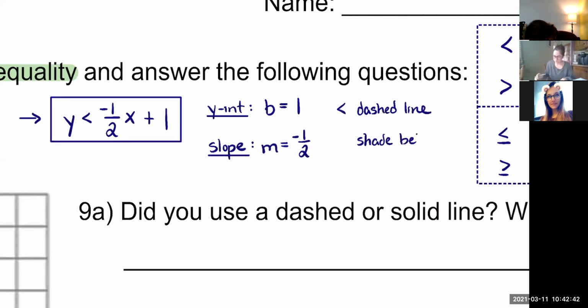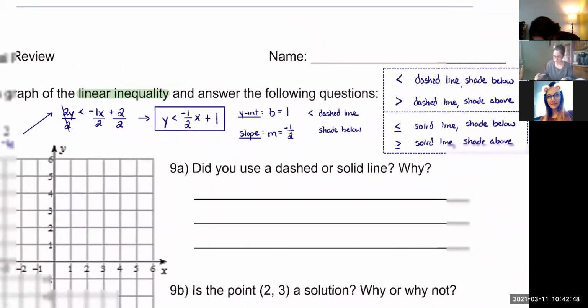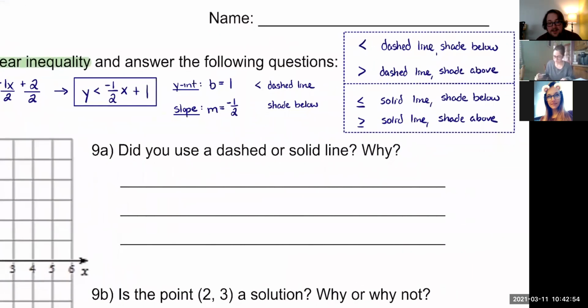What question are we on? Number 9. So even before I start graphing, if I look at 9A here, I have enough information to answer. It says, did you use a dashed or solid line? Well, according to the notes I just jotted down, we're going to use a dashed line.